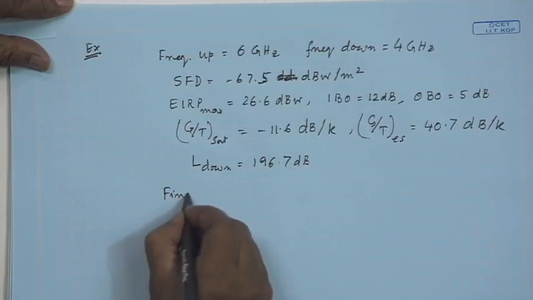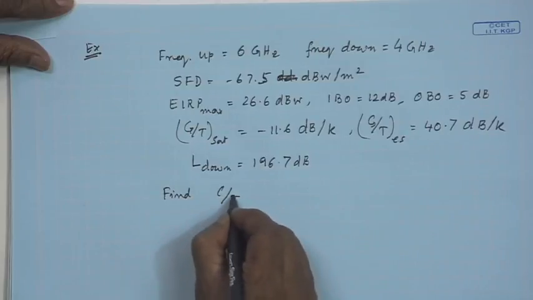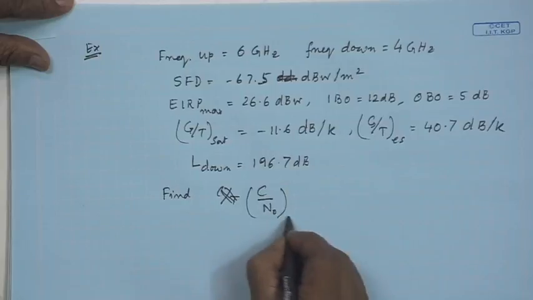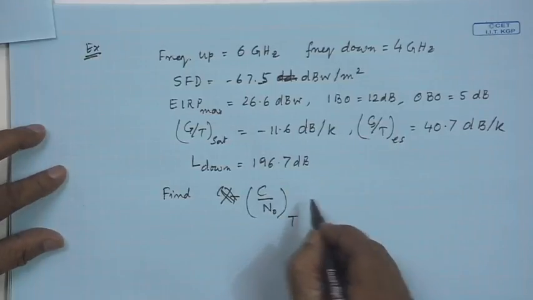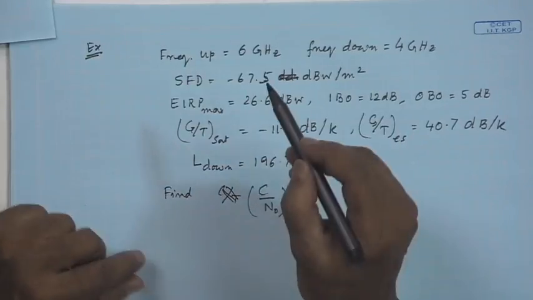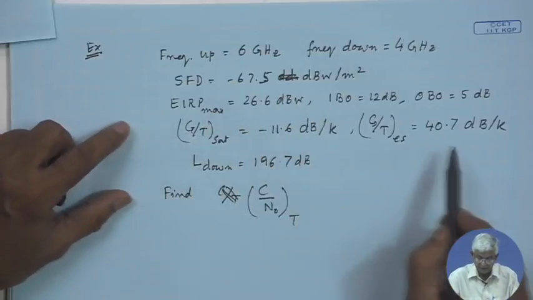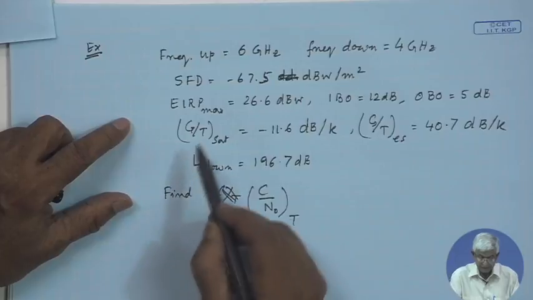Find C by N naught total. Since the uplink C by N naught and downlink C by N naught both have to be calculated, you get all the numbers.